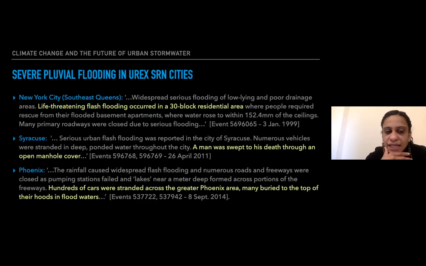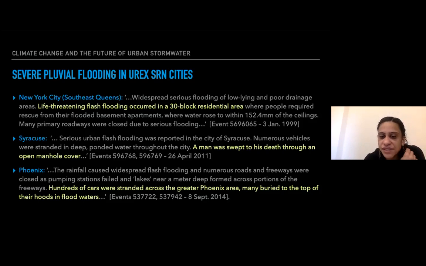We found many examples of severe pluvial flooding in New York City. We usually think about this type of flooding as a nuisance event, like in the July 2019 case study that I showed you from New York City. But there have been events in New York City, for example, one incident in 1999 in Queens that resulted in life-threatening flash flooding, where people were literally in their basement residences with water up to their necks and had to be rescued.